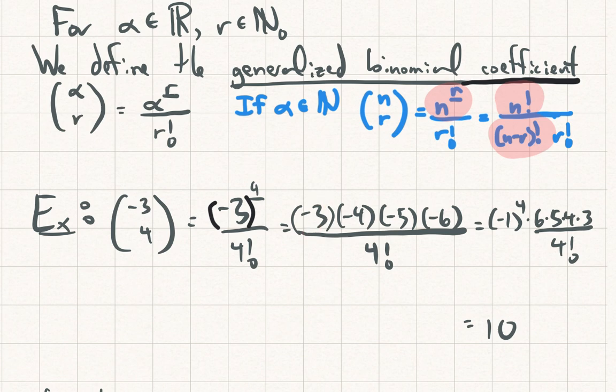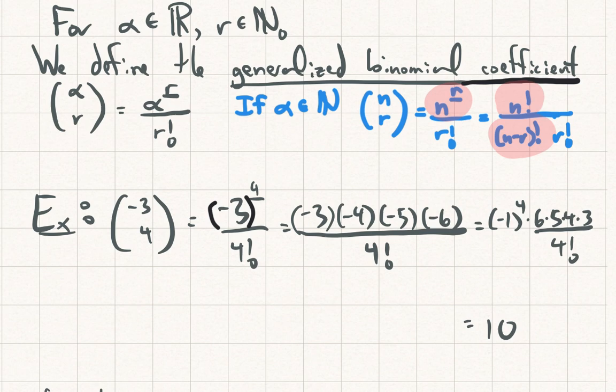So it's going to be negative 3 times negative 4 times negative 5 times negative 6 over 4 factorial. And we can simplify this a little bit, and it'll look fairly familiar to you. Well, we can take out a negative from each of these guys. So when we have negative 1 to the 4, in fact, that's just positive 1.